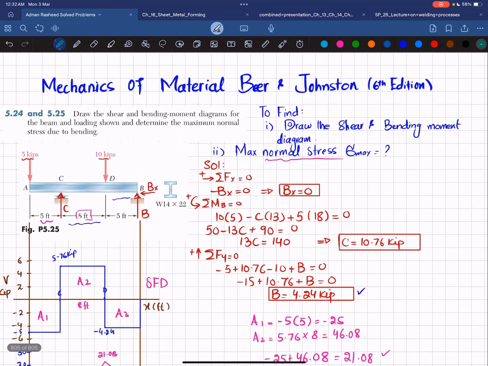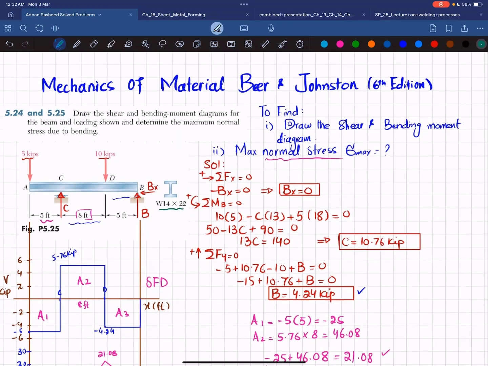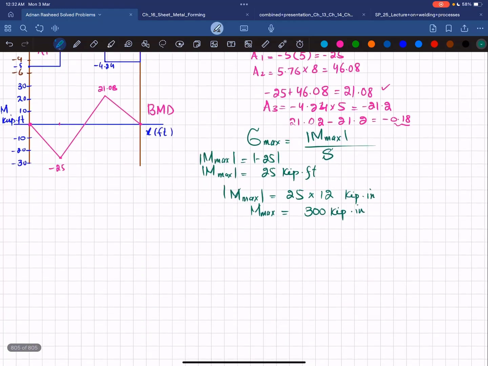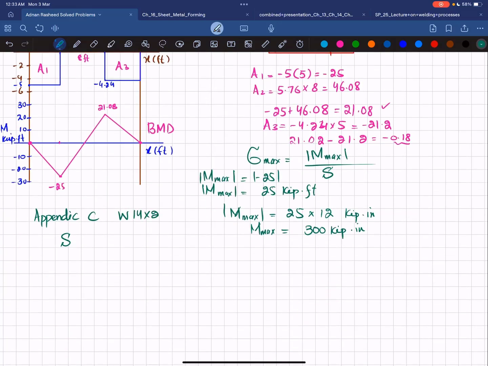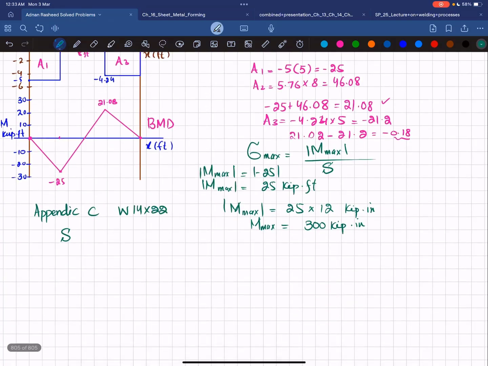So we have been given W 14 by 22. So what we will do is that we will move from appendix C, section property, and we will get the S for W 14 by 22. Okay. So let's go towards the book.